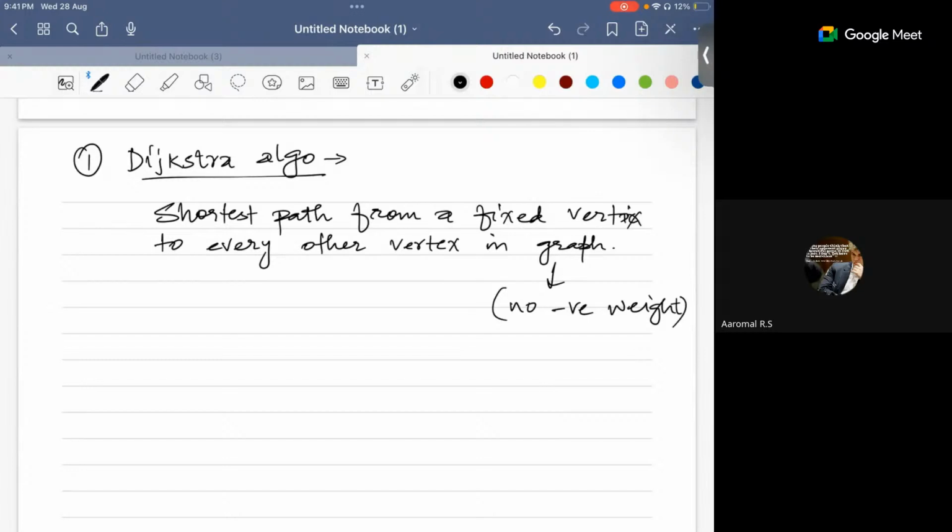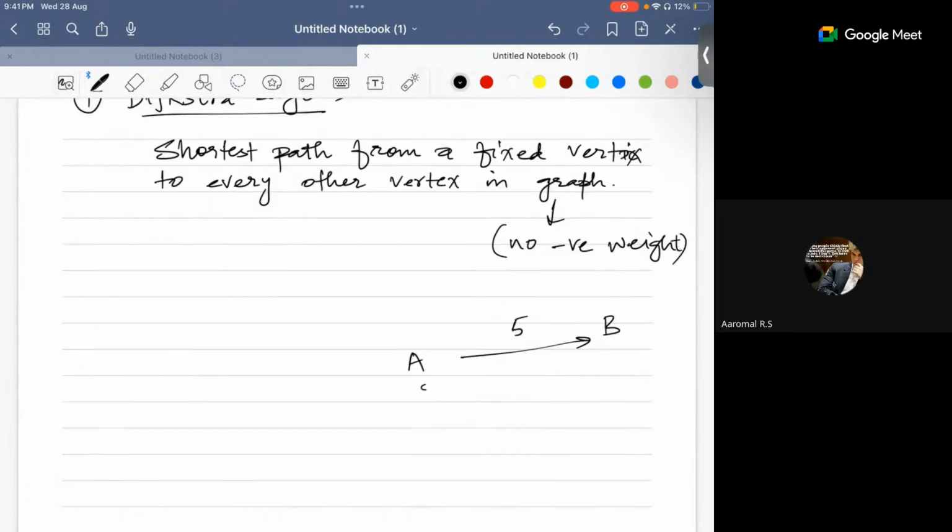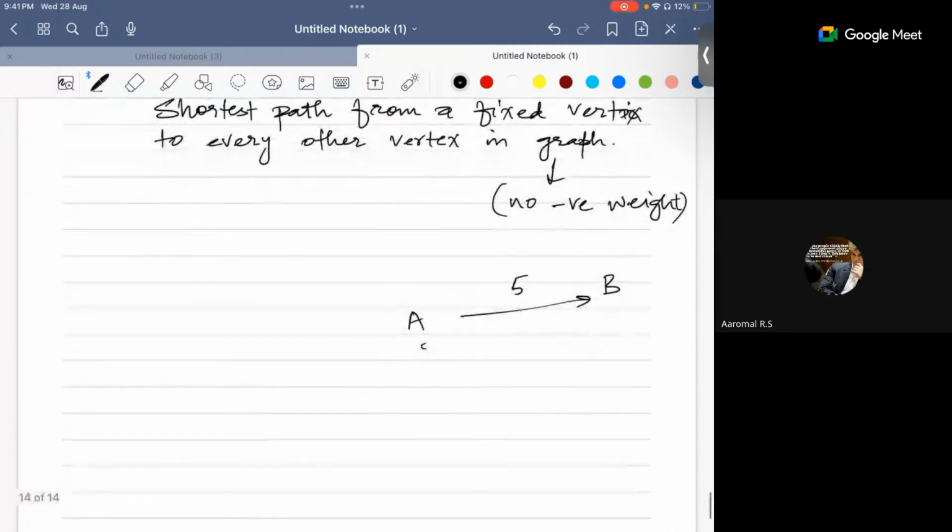You already know, or do I have to tell you? So for example, if this is a graph and this is 5, from A to B, let's say 5 units of distance, or maybe if somebody is moving from A to B, it's costing 5 units of some rupees, $5, 5 rupees, something like that. Negative edge means -5.